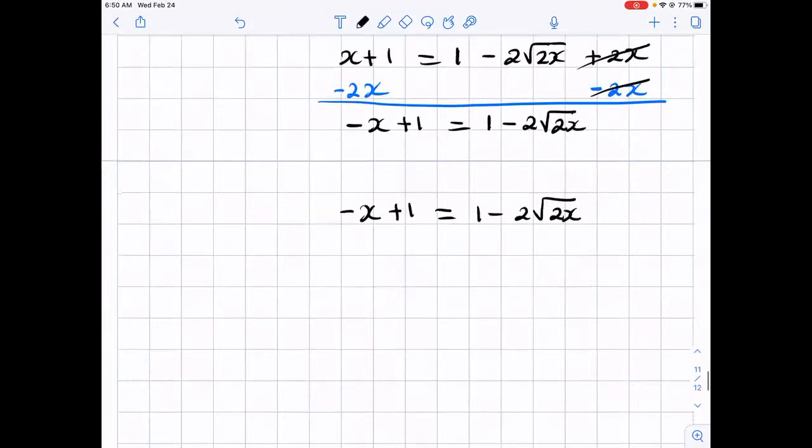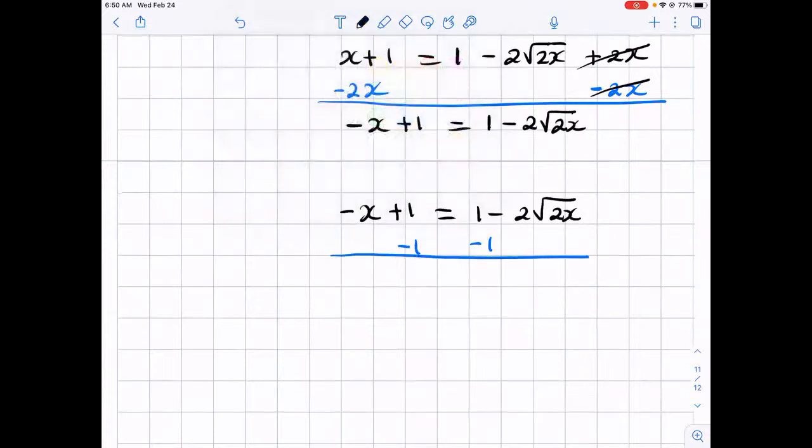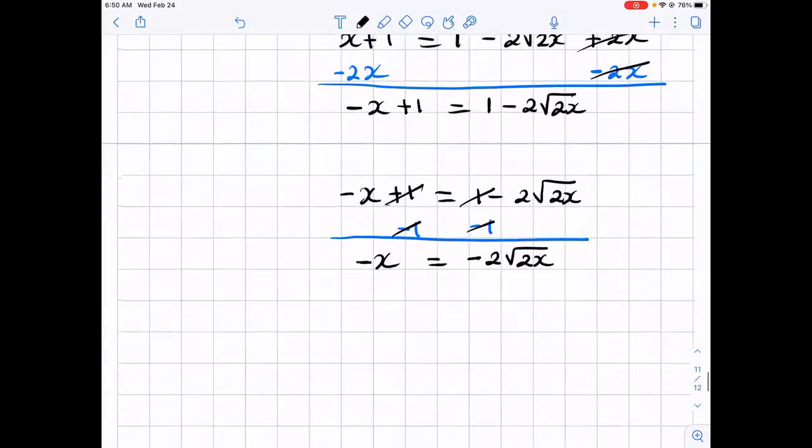Now we're going to subtract 1 on both sides. And when we do this, we have left minus x. The plus 1 and the minus 1 becomes 0. Same thing, plus 1 and minus 1 becomes 0. So we're left with minus 2, the root of 2x. And now we're going to divide both sides by negative 2.